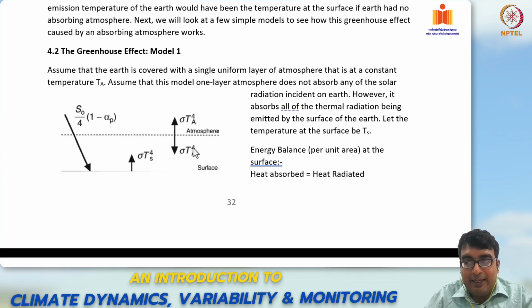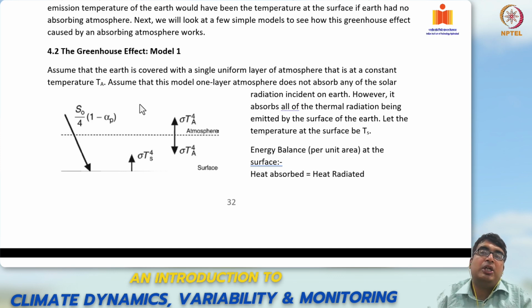However, this atmosphere is not absorbing the entire thermal radiation coming from the surface of the earth, but only a fraction of it, say F. So, the surface is radiating at a temperature Ts and hence radiating sigma Ts to the power 4. F into sigma Ts to the power 4 is being absorbed by the atmosphere, and 1 minus F into sigma Ts to the power 4 is escaping to space.